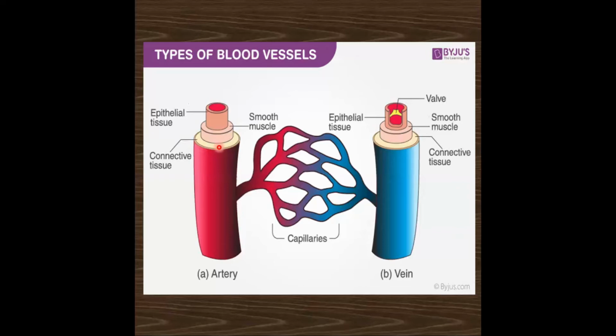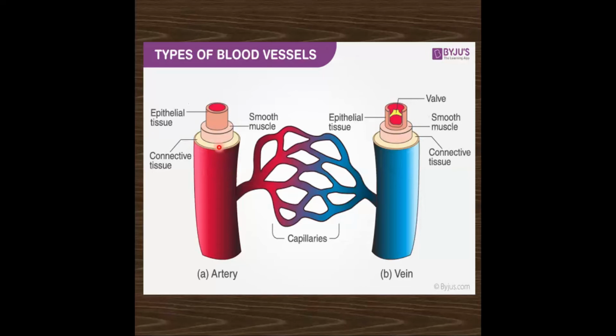We can see here that blood makes approximately 8% of the body weight. Average volume in a healthy adult male is 5 to 6 liters per body, while in a healthy adult female it is 4 to 5 liters. What is hematocrit?